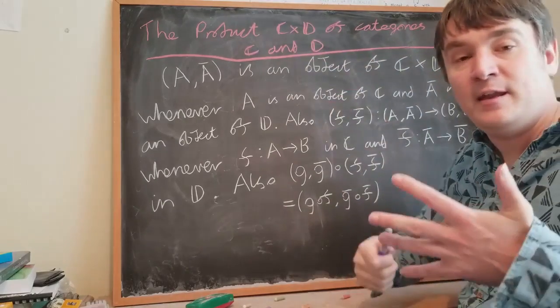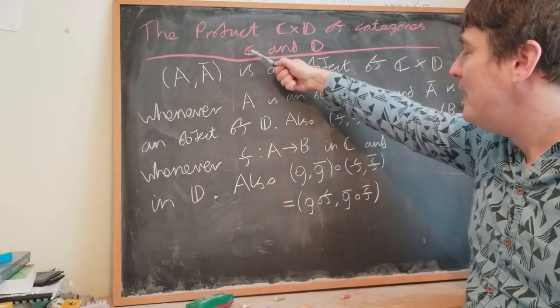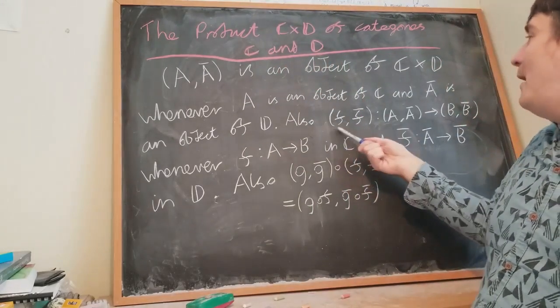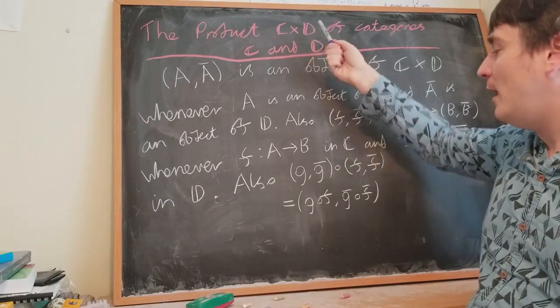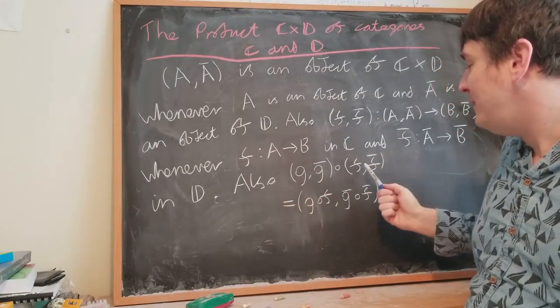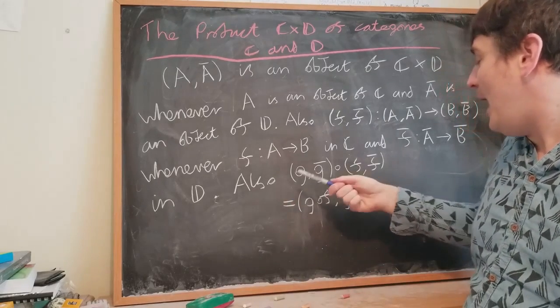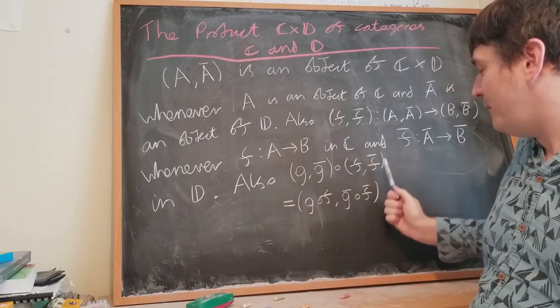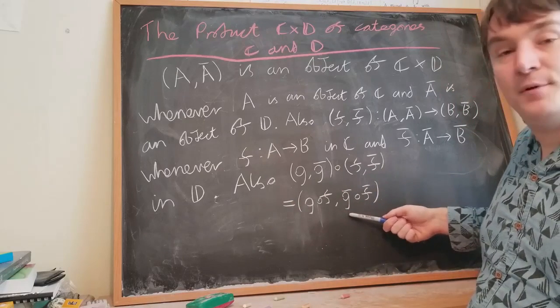They're essentially just the Cartesian product of the objects in C and the objects in D. And we also know what the arrows of this product are. The final thing we need to know is how to compose these arrows together. And the basic rule is that the composition of a pair is the pair of the compositions.